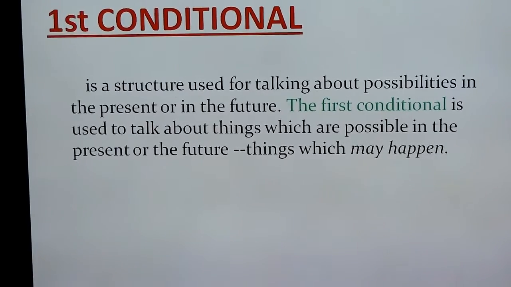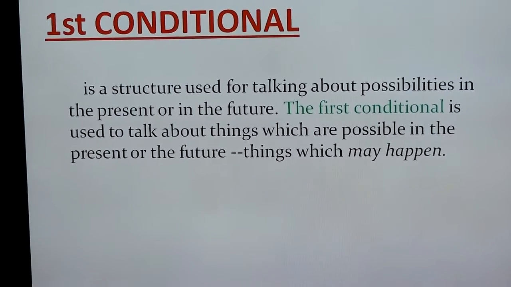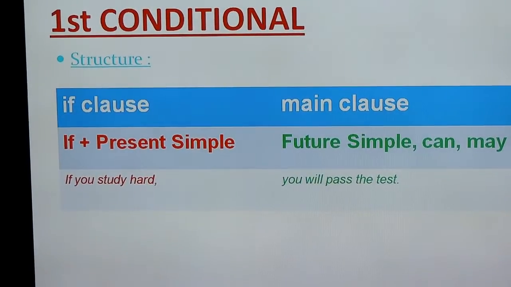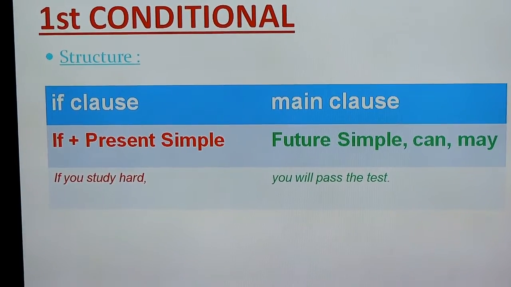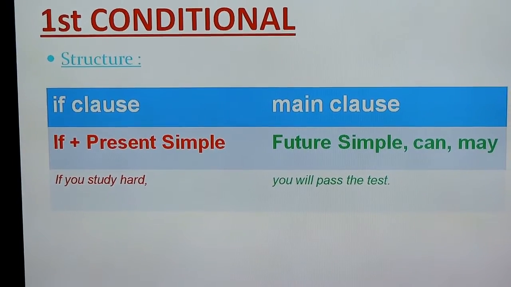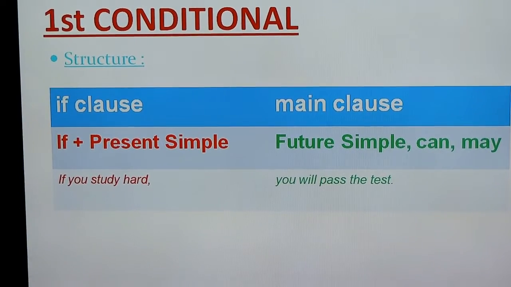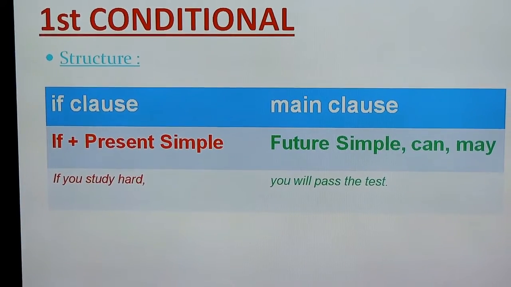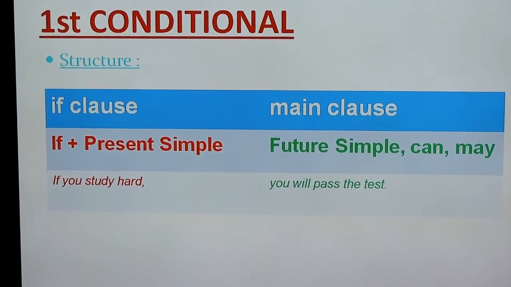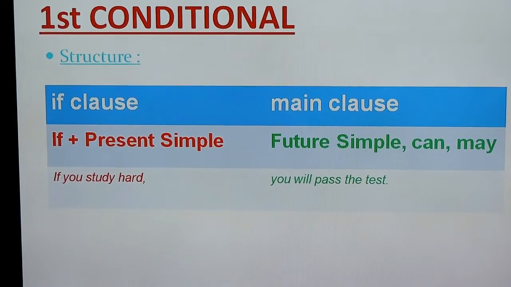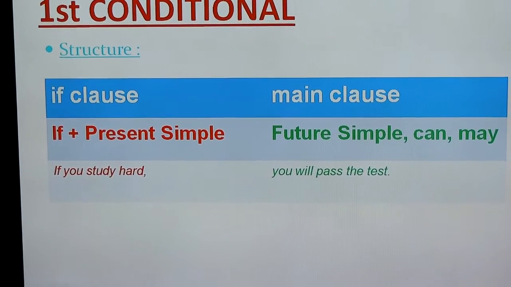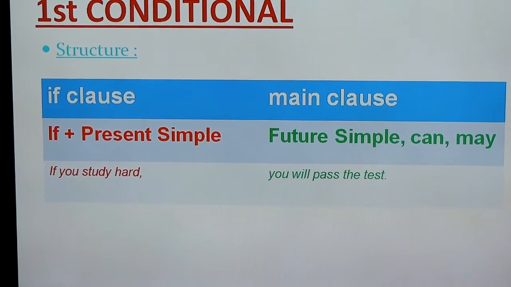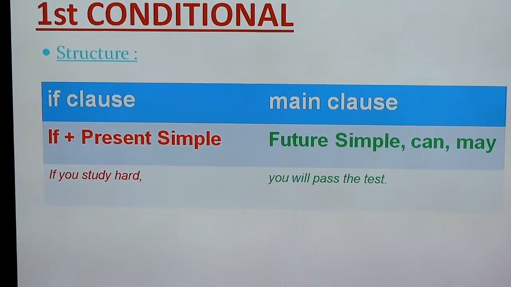Let's go and see the structure of conditional type 1. We have the if clause and the main clause. We have if plus the present simple, and then in the main clause we have the future simple, which may include can, may, or will. As an example: if you study hard, you will pass the test.